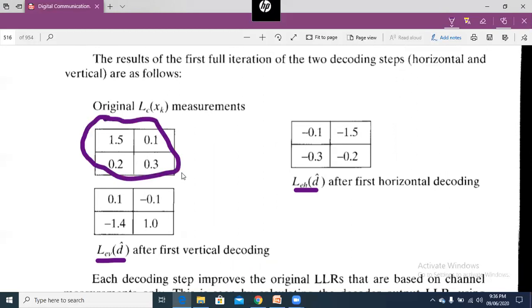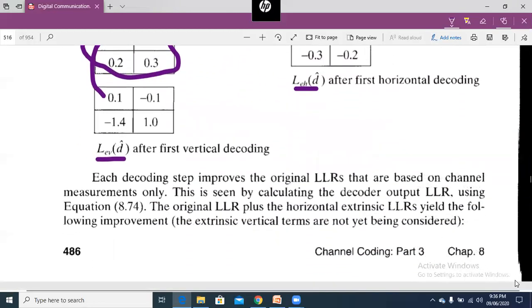So what we will do is sum up these two values here, right? So similarly, the corresponding values are summed up, and we will have the new values.